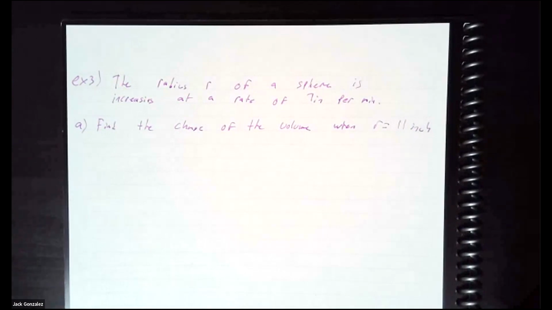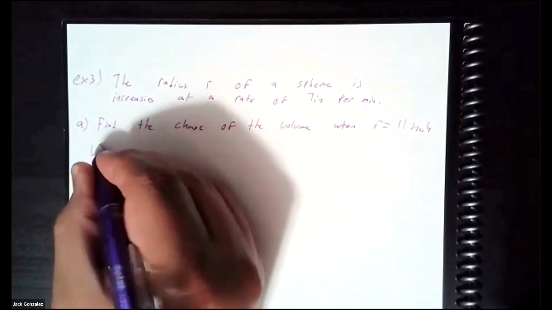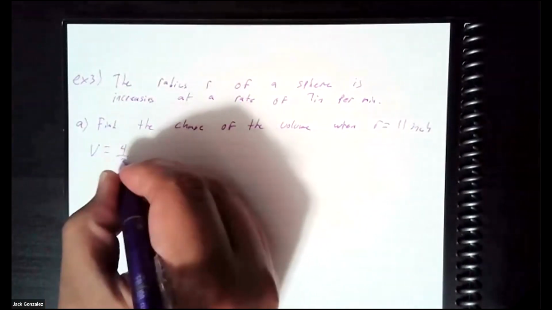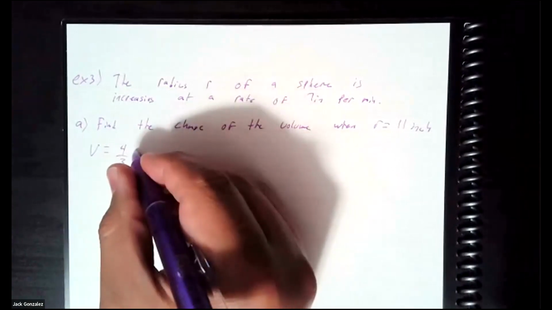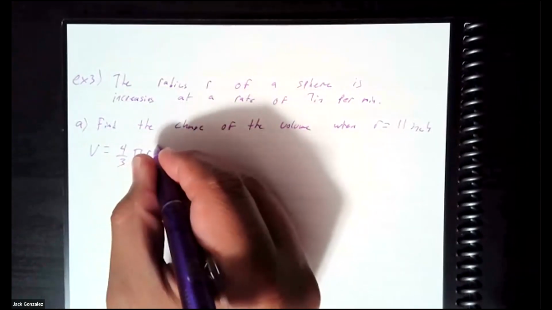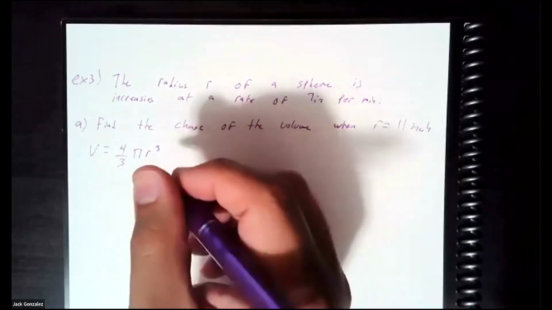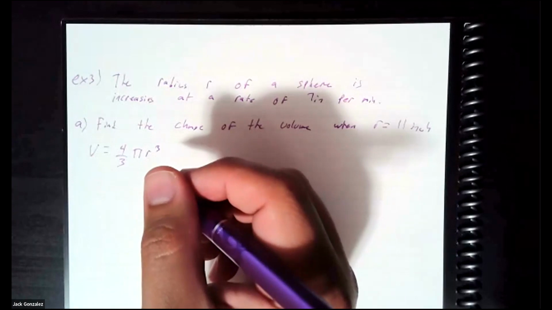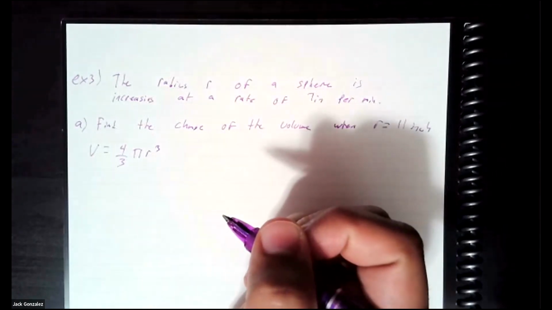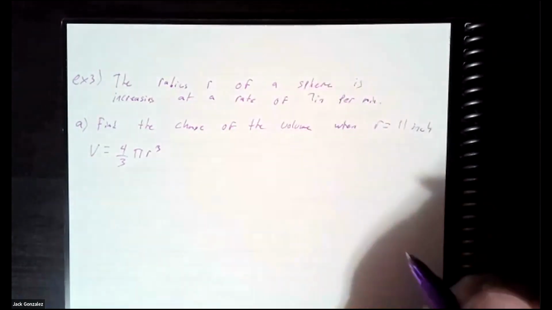All right. So talking about a sphere. I'm going to double check in a moment, but I'm pretty sure the volume of a sphere is 4/3 pi r cubed. Let me check. That sounds right. Yeah, that's right. You can derive it using calculus 2 or 3, but that's not necessary right now.